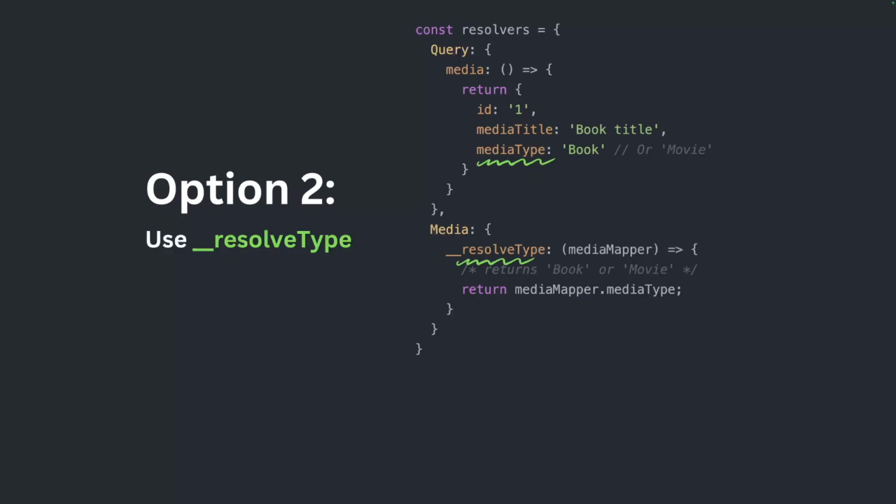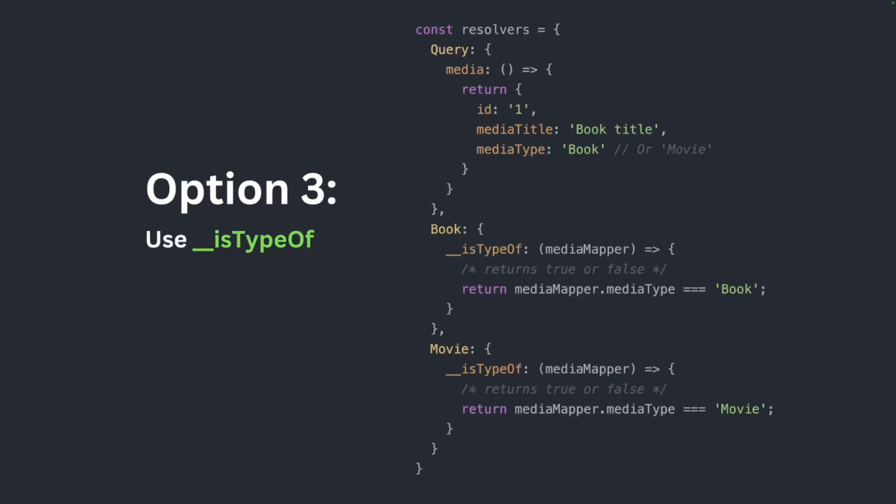Our resolveType returns that mediaMapper.mediaType directly to distinguish the type of the payload. This is a very contrived example. In the real world, we may have an int or a differently formatted mediaType. This is where we can use resolveType to turn that into the right book and movie string.